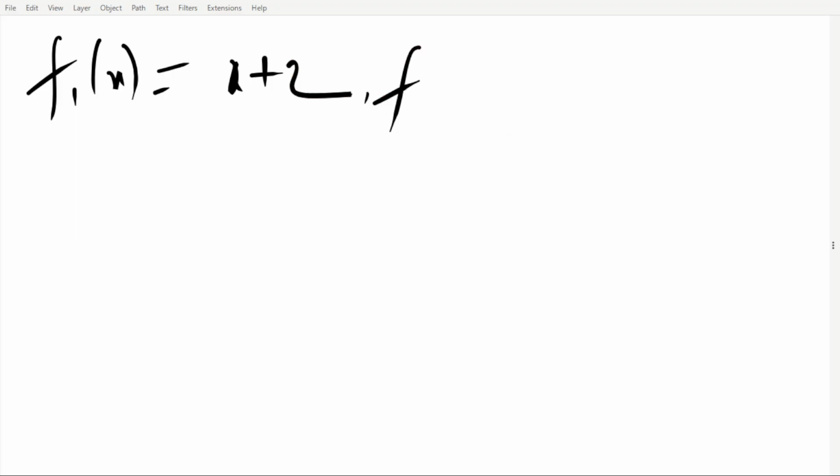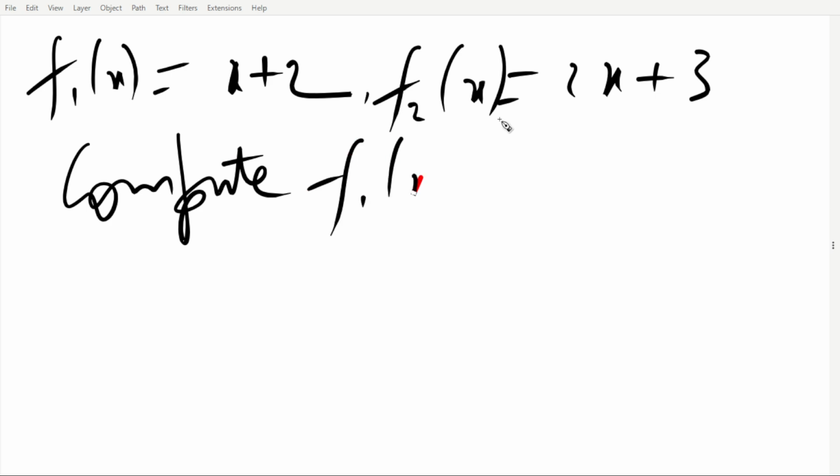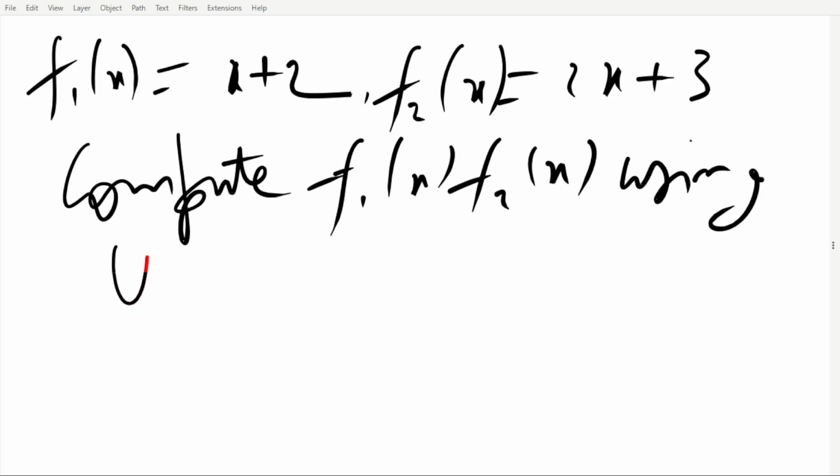So the problem is to compute their product f1(x) multiplied by f2(x) using the FFT algorithm.